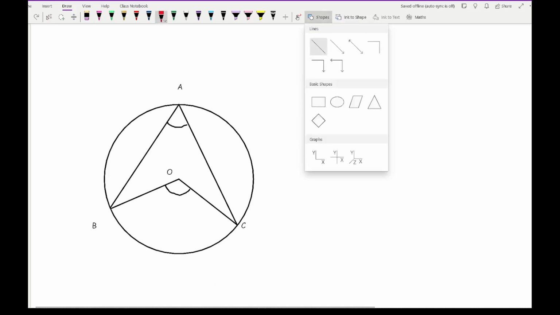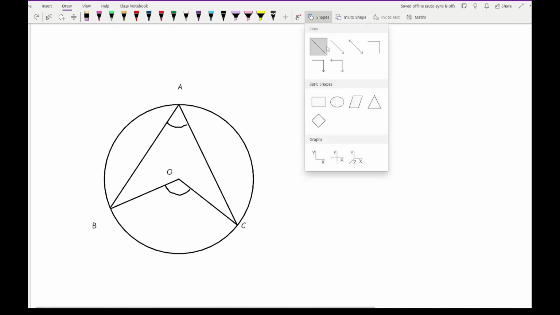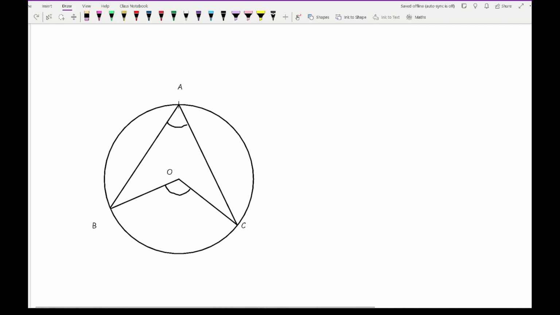Now the first thing we want to do is to draw a line from A to the center, and what we're doing by that is then creating two isosceles triangles. So if I just match that up there, that's the very first thing that I'm going to do.